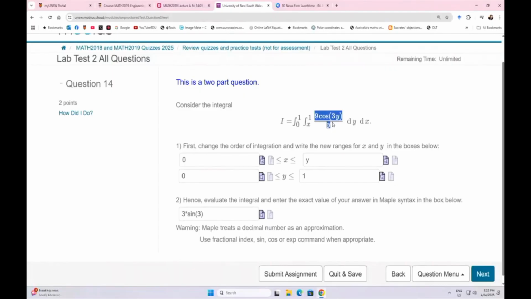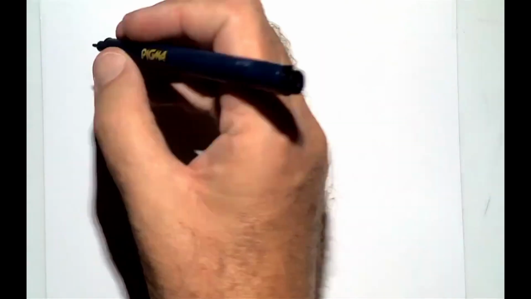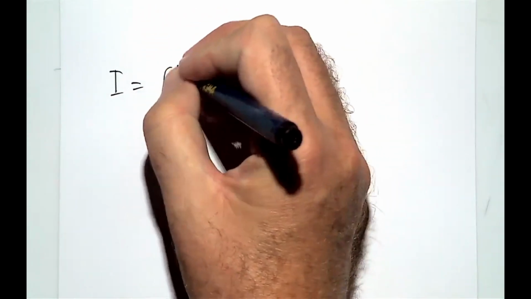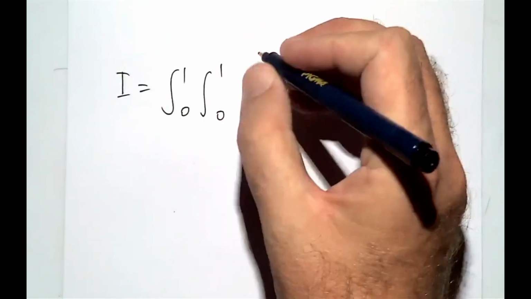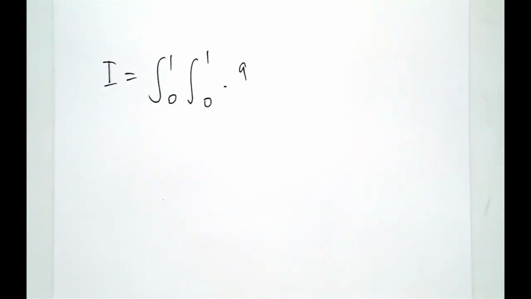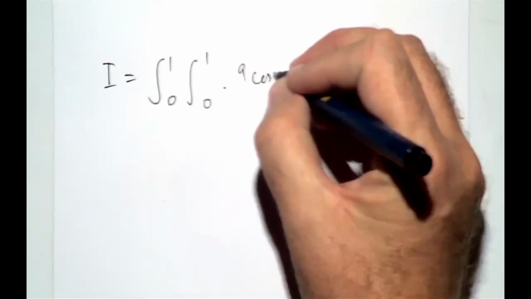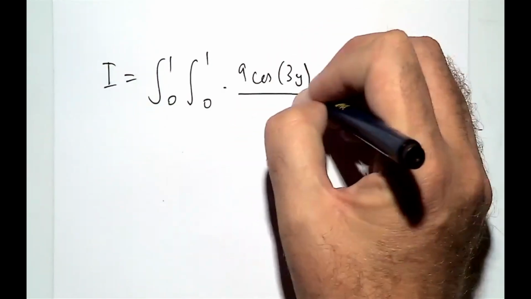Okay, so it starts with a picture. Let's draw something and we can have a look. Okay, so we've got this: 9 cos 3y, sorry.